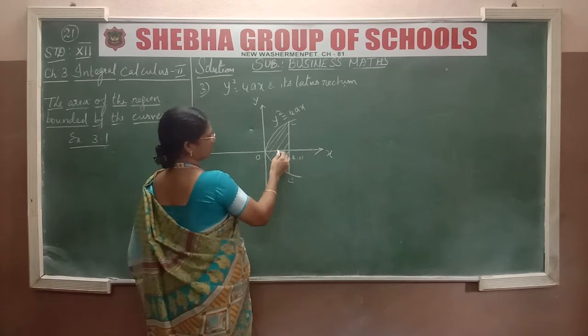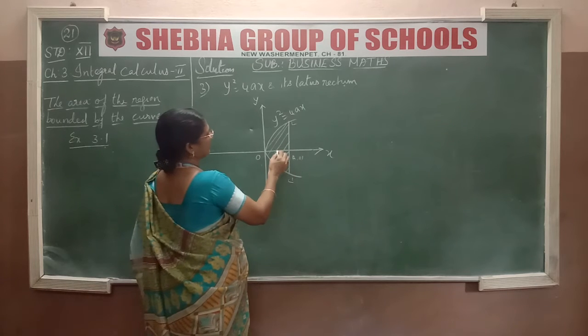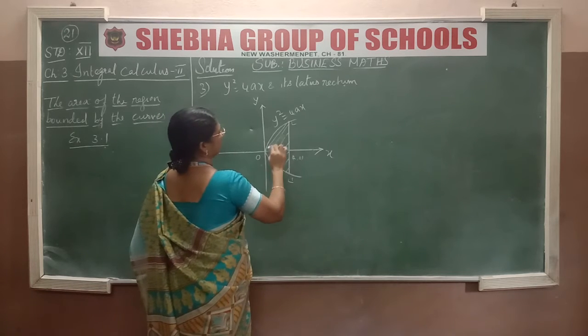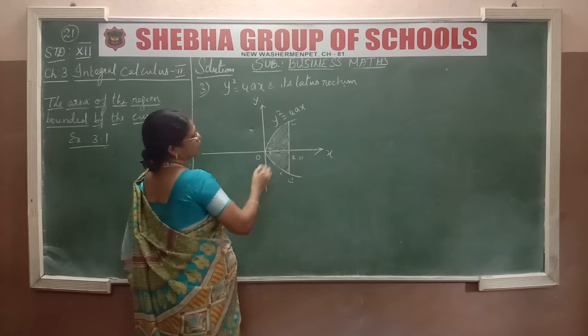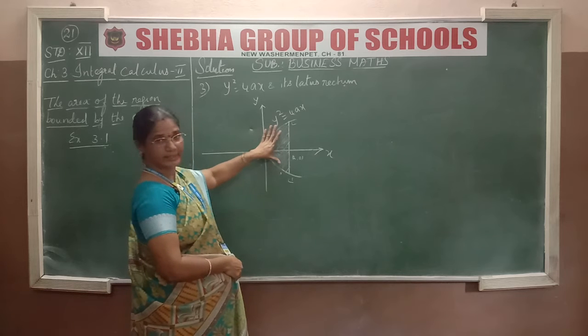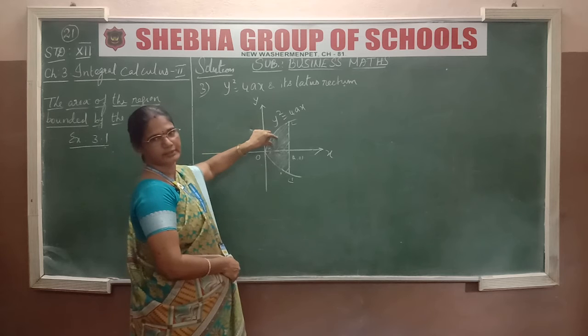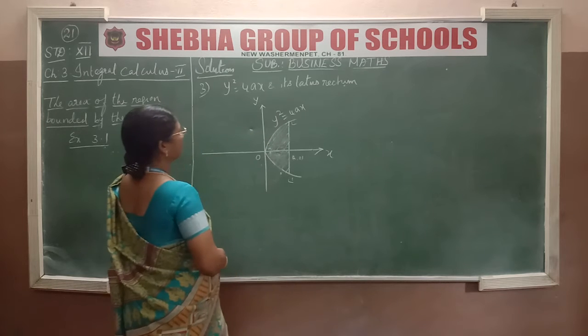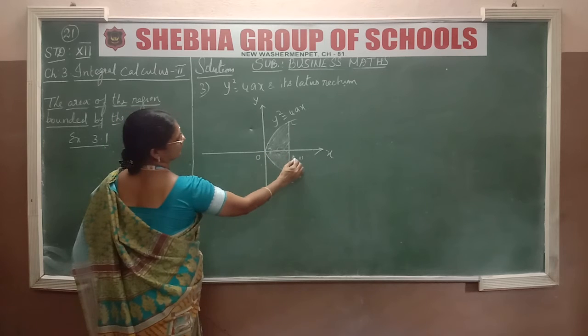And also, this parabola is symmetrical about the x-axis, that is, the area above the x-axis is equal to the area below the x-axis. So instead of finding the full area, full area equals 2 times the area in the first quadrant. Okay, these two are same. So our limit is what? 0 to a.